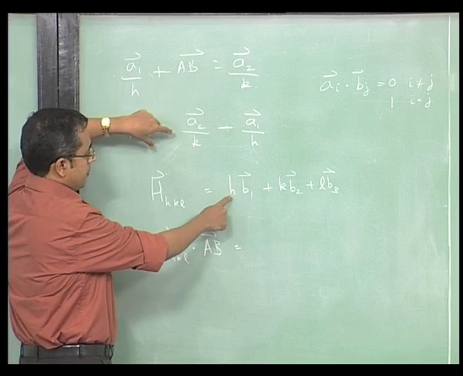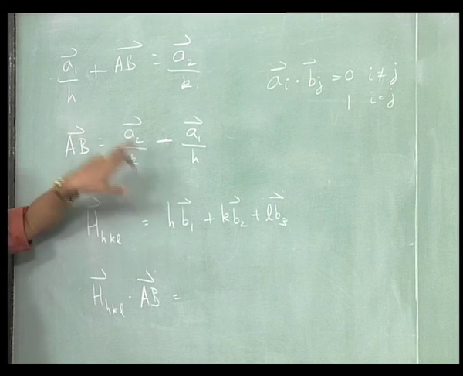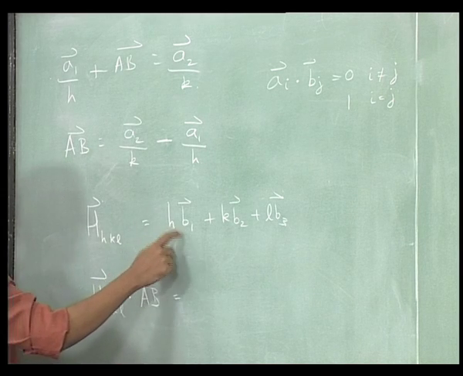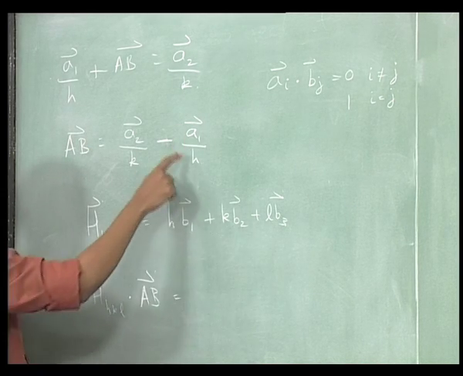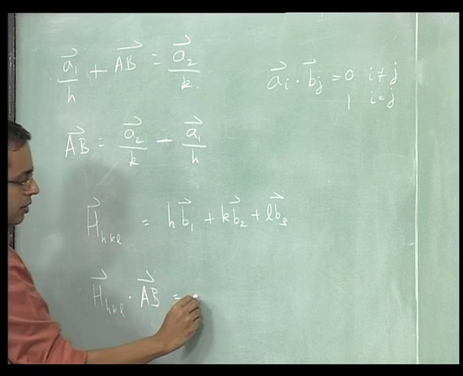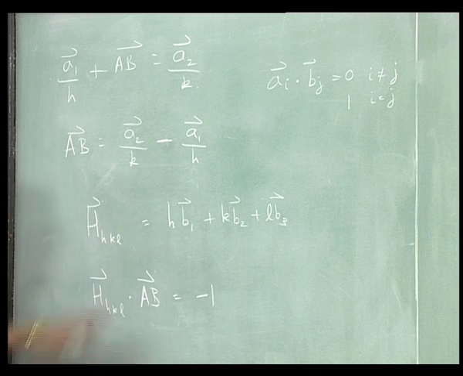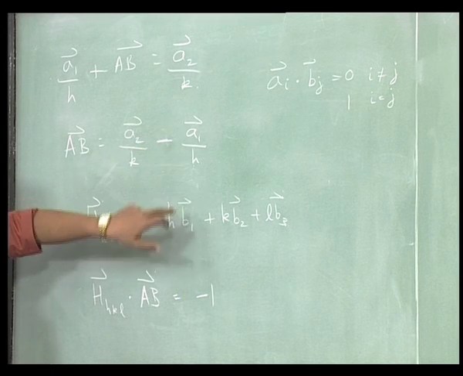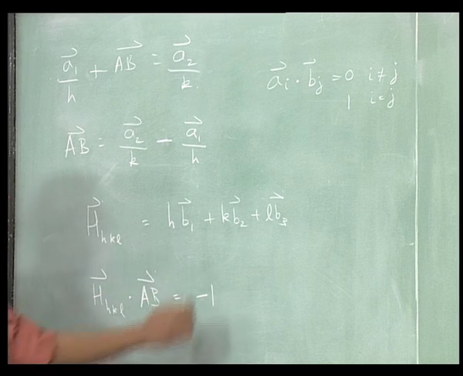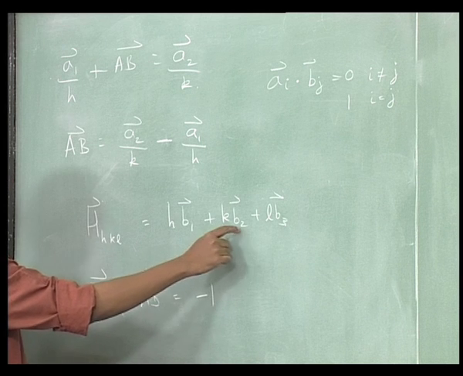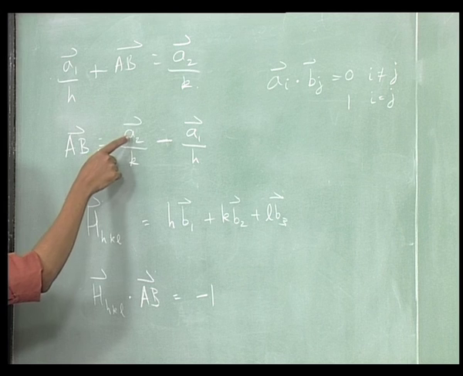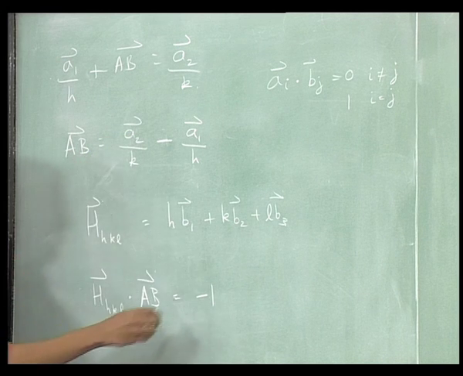H is just an integer. B1 dot A2 is 0 because it is 1 and 2 here, so that is 0. B1 dot A1 is 1, and you have HB1 here and A1 by H here, so H and H will cancel, you get minus 1, okay. So the dot product of HB1 and A1 by H will give us minus 1, fine. If you take B2 here, KB2 times A2 by K, the K and K will cancel, you will have the dot product of B2 and A2, which is 1, plus 1.